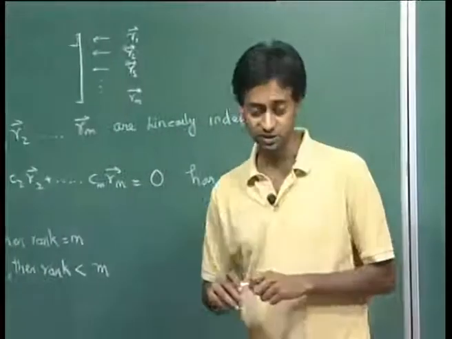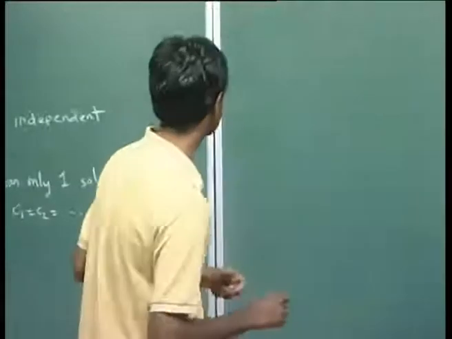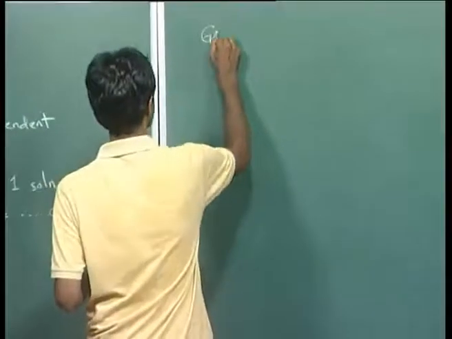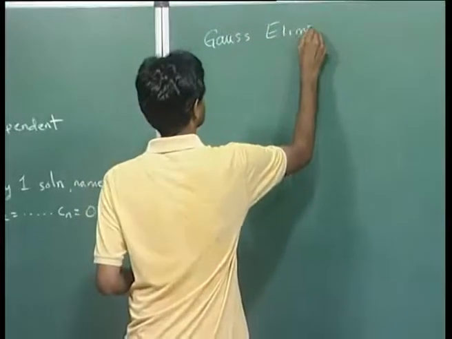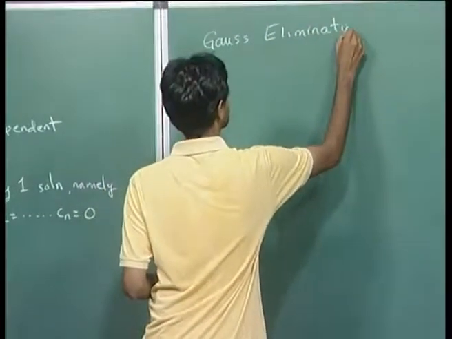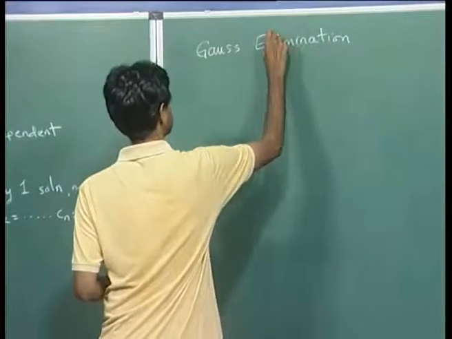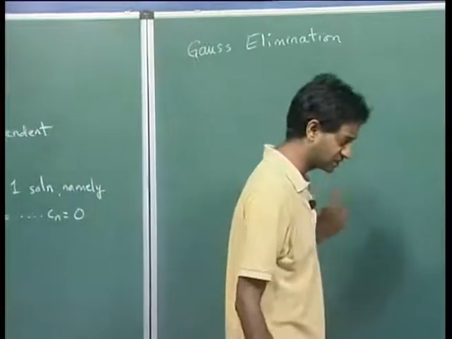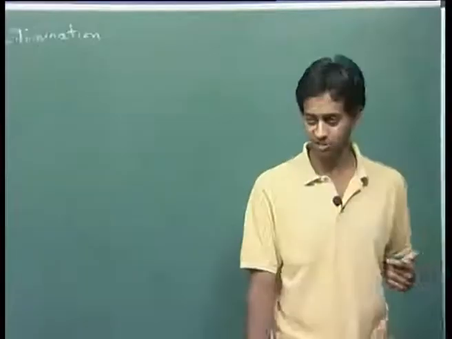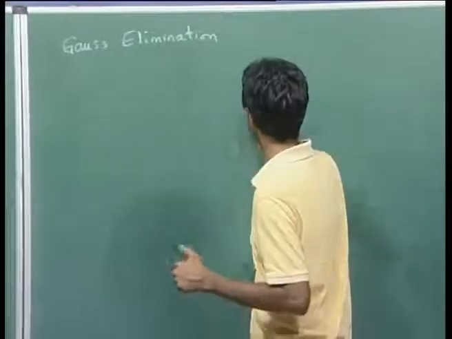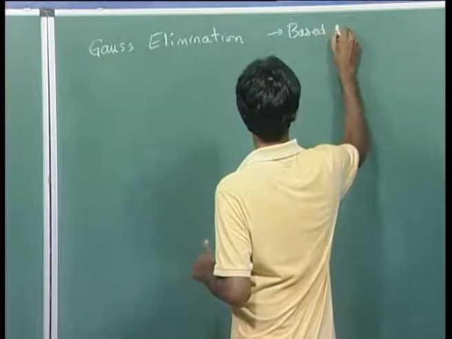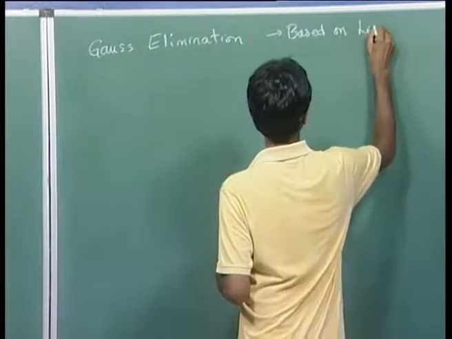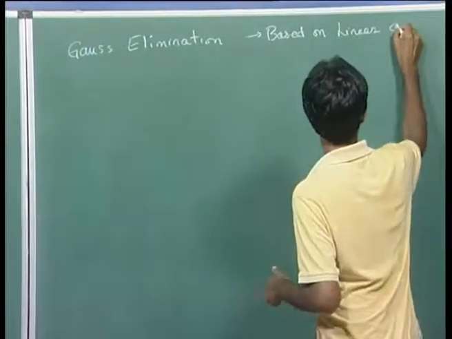And the procedure that is used is something called Gauss elimination. Okay, and this is based on taking linear combinations of vectors.